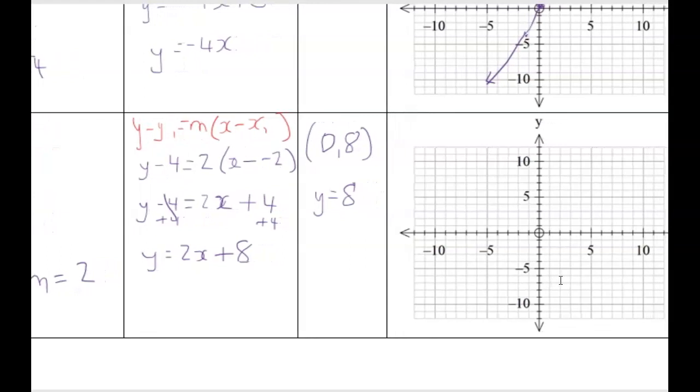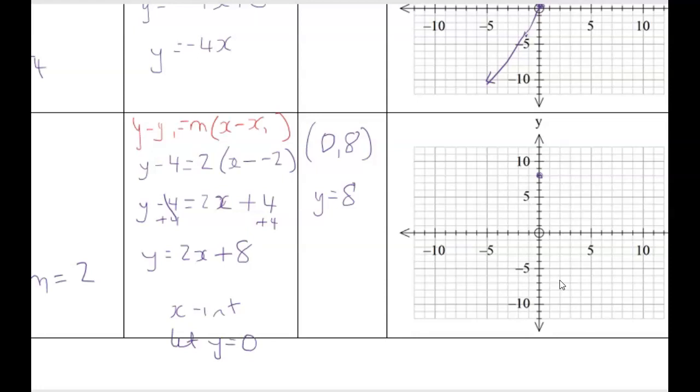Okay, so when we're graphing, another way we can graph is we've already got 3 points. So we've got the y-intercept and the 2 points that we got at the start. So there's our y-intercept, but sometimes it's a good idea to graph using the y-intercept and the x-intercept. So if I wanted to know the x-intercept, you've done this before, we let y equal 0.